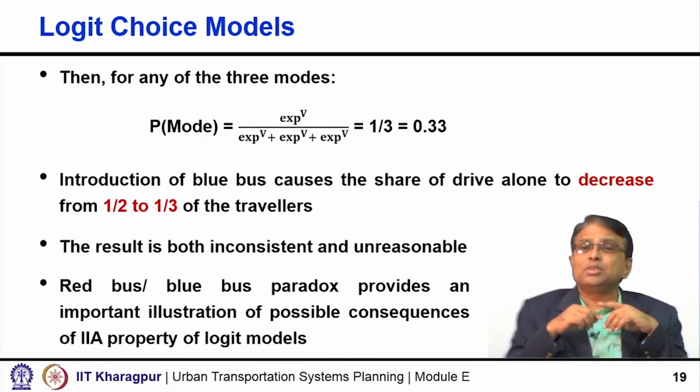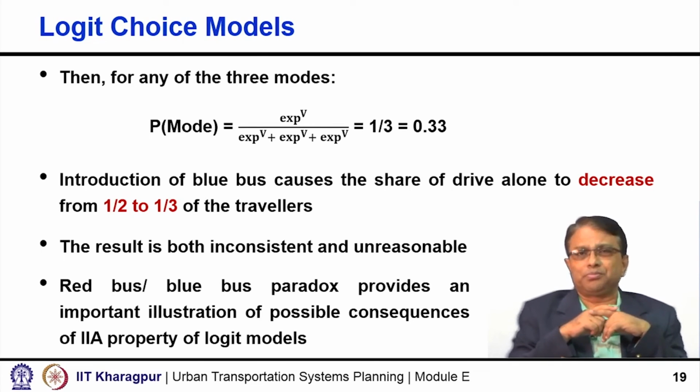Equal proportion means as per the original ratio, and in this case they were equal because the probabilities of drive alone and carpool were both 0.5, right. So in this case it is equal, that is why I said equal is also correct.